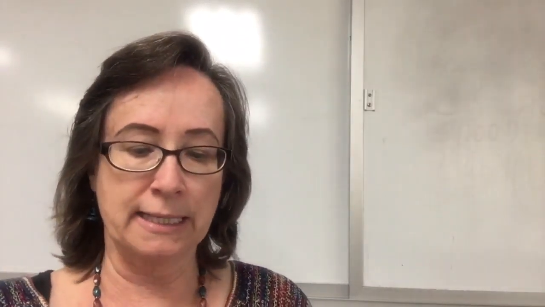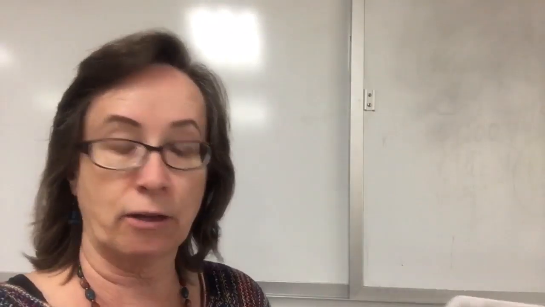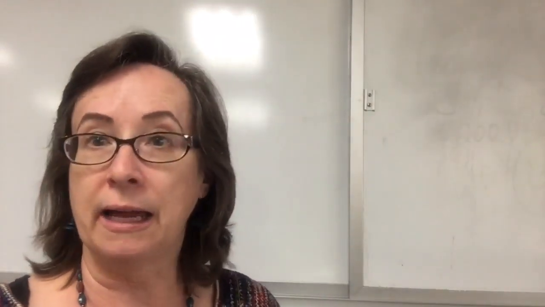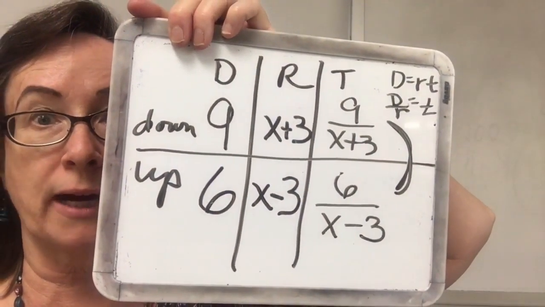Now I'm going to get another board, because now we're going to have an equation. They told me that those two times were the same. So see my two times, 9 over x plus 3 and 6 over x minus 3, and the two times are the same, so I set 9 over x plus 3 equal to 6 over x minus 3.